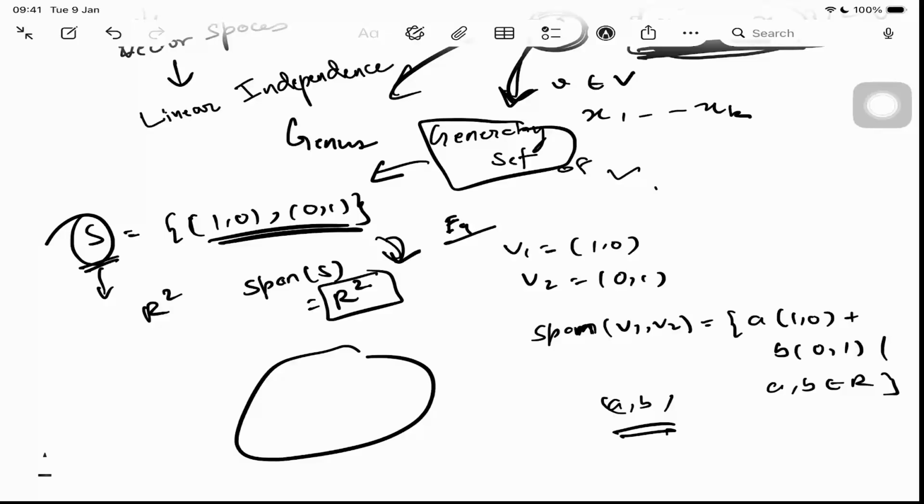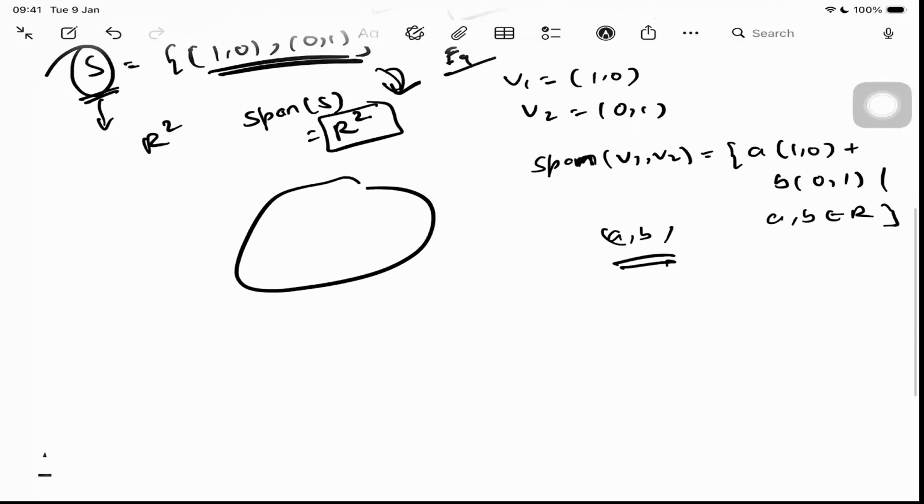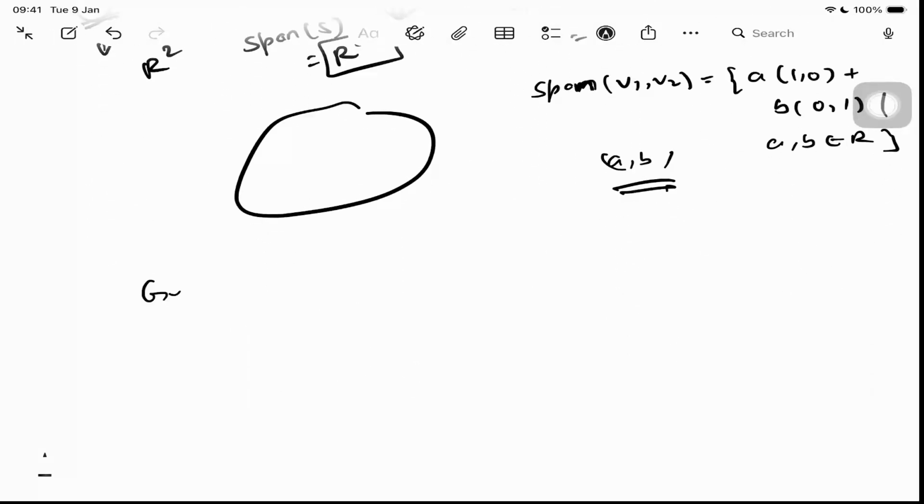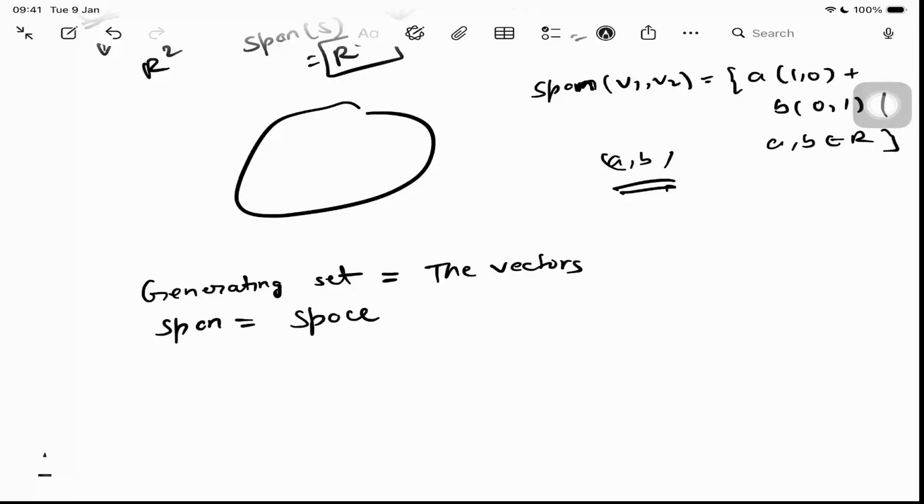You can treat a generating set as a set of vectors, and span as the space produced by those vectors. To summarize completely, let me write that: the generating set is the vectors, and span is the space produced by those vectors.